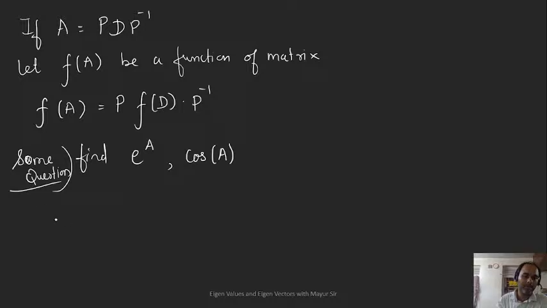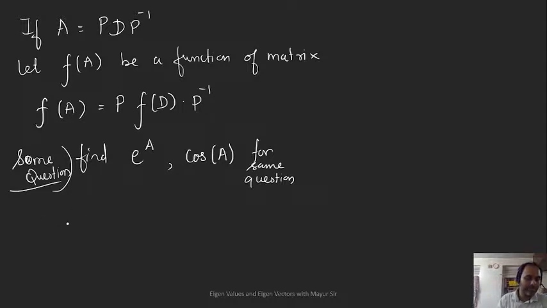So what do you do for e raised to A? We take the same question, okay, find e raised to A and cos A for the same question. Okay, we'll do this. Now this is very easy and not at all a difficult task.